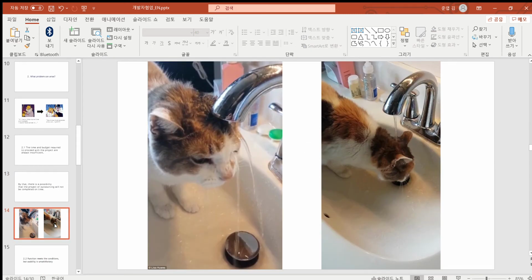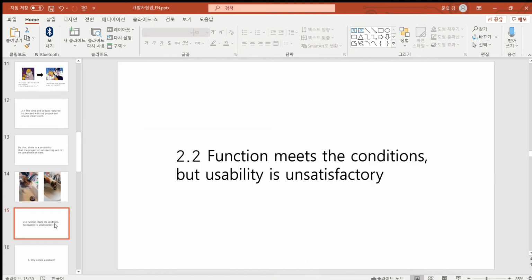And this is an example of a cat drinking water, but the tap is actually built to serve humans. So the cat is having trouble drinking the water. So function meets the conditions.